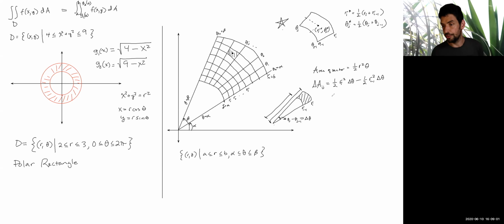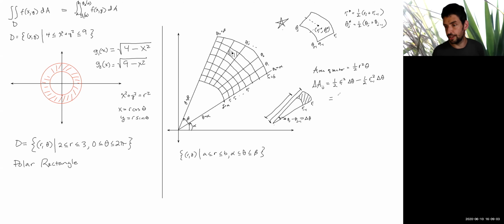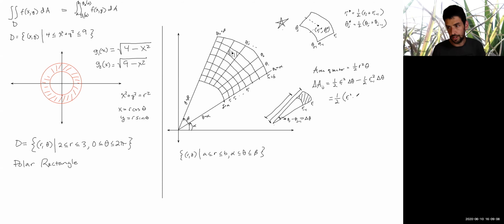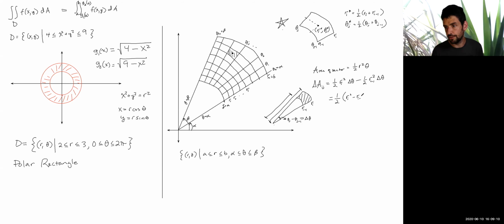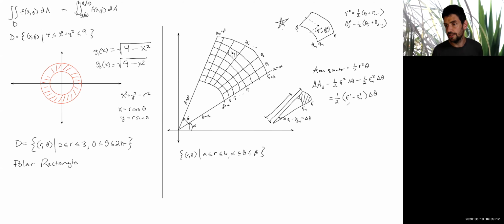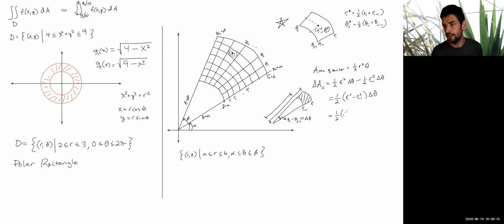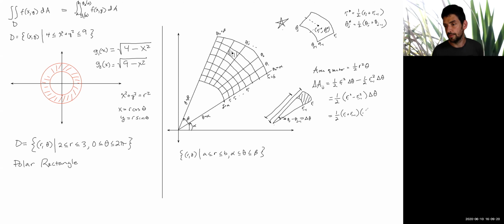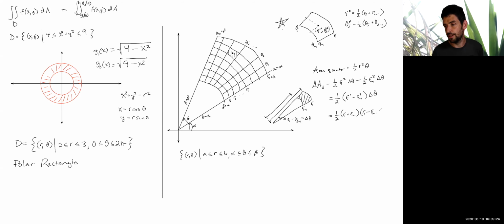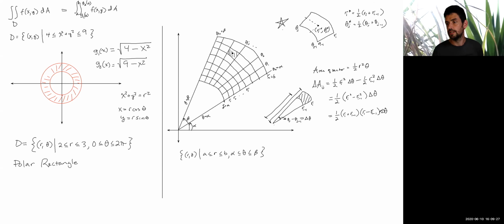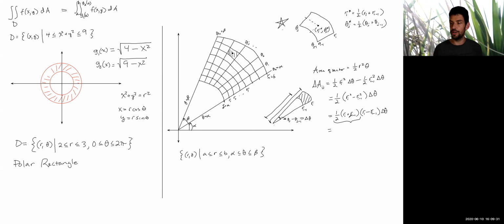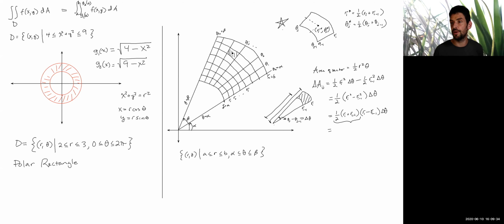Okay. So now, let's do a little bit of algebra. I get 1/2 (r_i squared minus r_{i-1} squared) delta theta, which is 1/2 (r_i plus r_{i-1}) times (r_i minus r_{i-1}) delta theta. Well, what is this piece right here, 1/2 (r_i plus r_{i-1})?